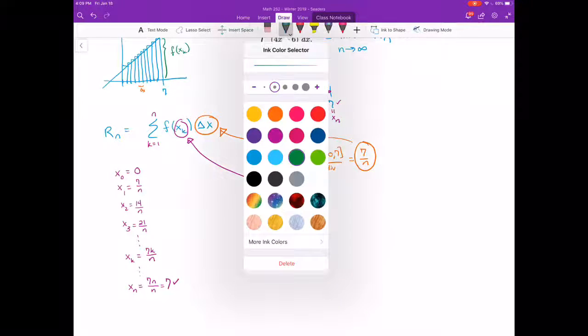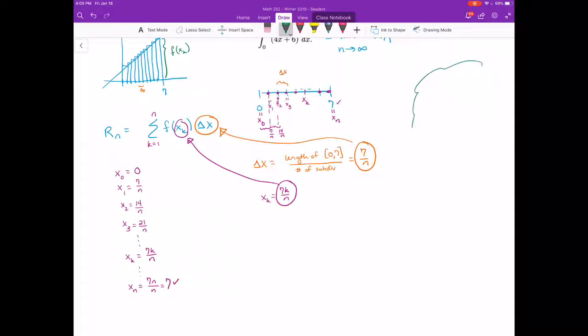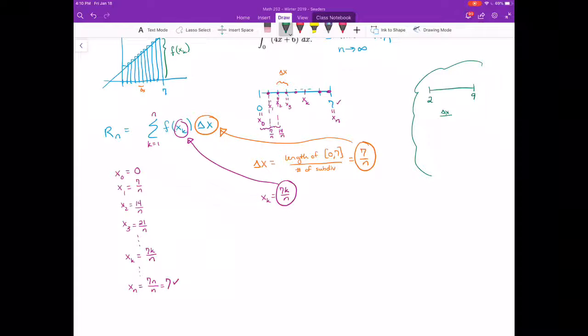Just a quick aside. If instead I was going from, say, 2 to 9, my delta x would still be 7 over n because the length of my total interval is 7. But now x sub 0 is 2. So when I move 7 over n to the right of 2, I'm at the input 2 plus 7 over n.